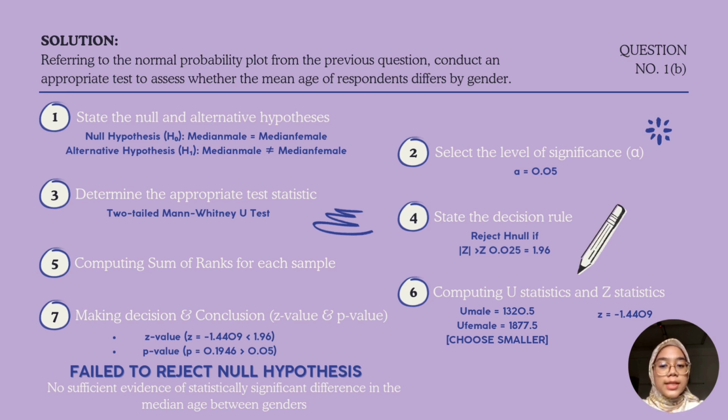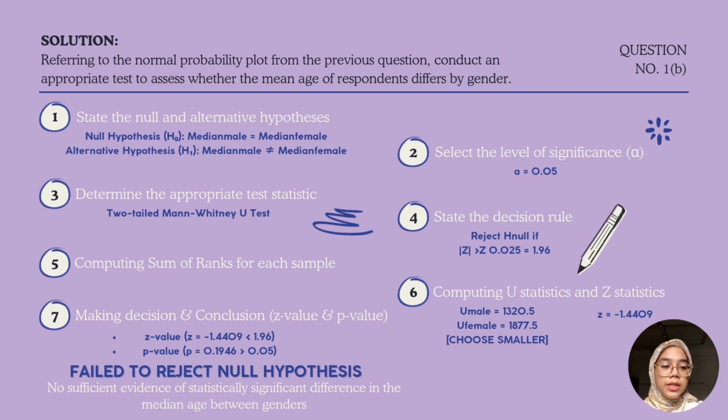Moving on to this question, we have to conduct an appropriate test. The first step is to state the null and alternative hypothesis. In this question, the null hypothesis is that the median male is equivalent to median female, while the alternative hypothesis is that the median male is not equivalent to median female. The second step is to select the level of significance.